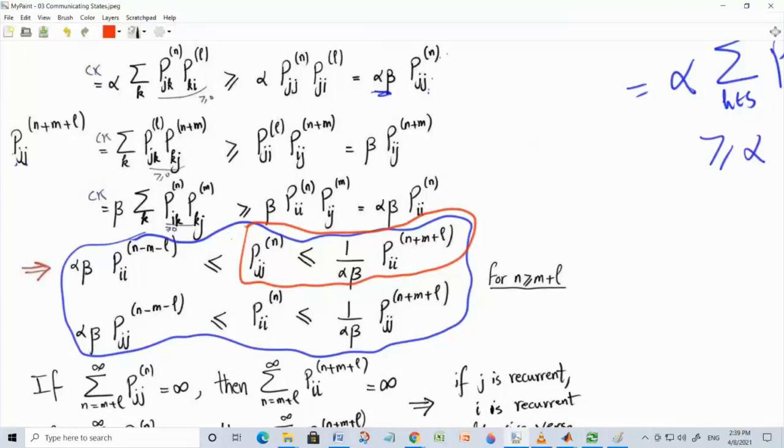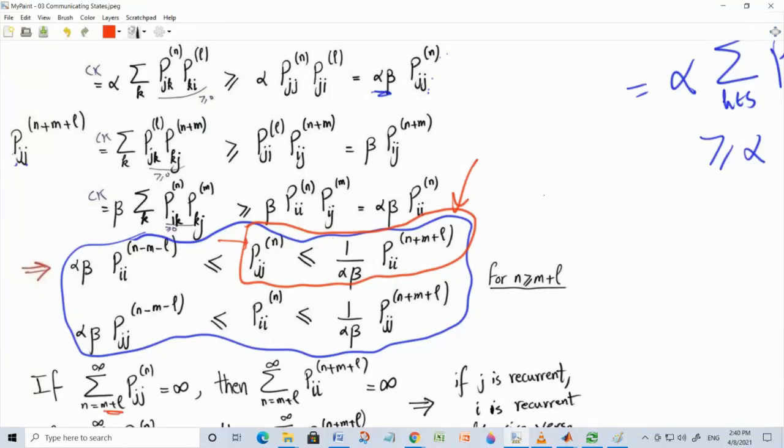Okay. So Pjj of n, let's focus on this part here. Again, we use Chapman-Kolmogorov to have those inequalities, which may seem pointless, but actually they are very useful. Now, this is a probability Pjj, and it is upper bounded by Pii. Let's sum both sides from n plus L to infinity.